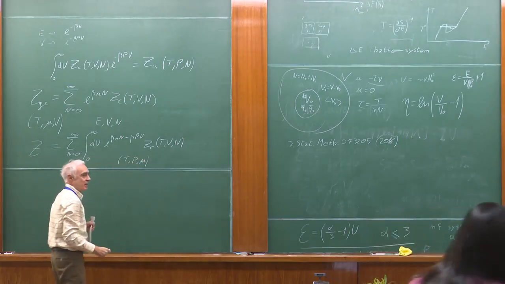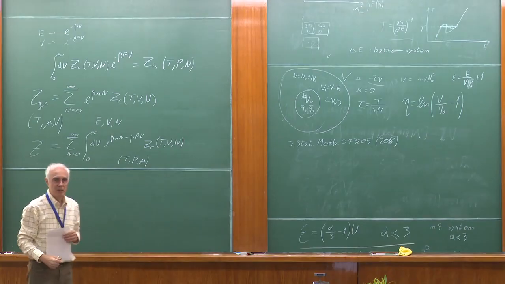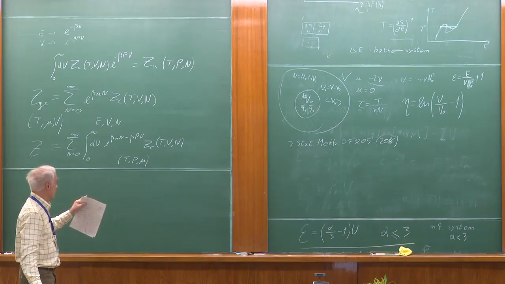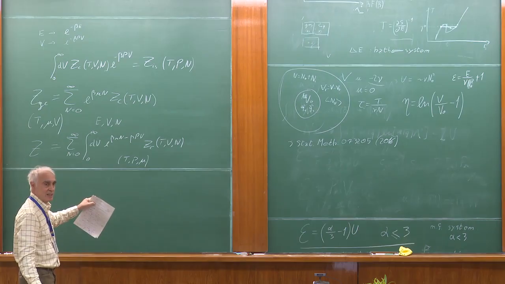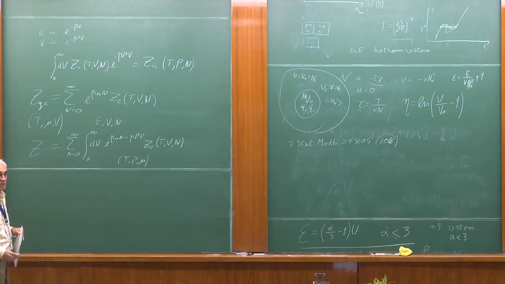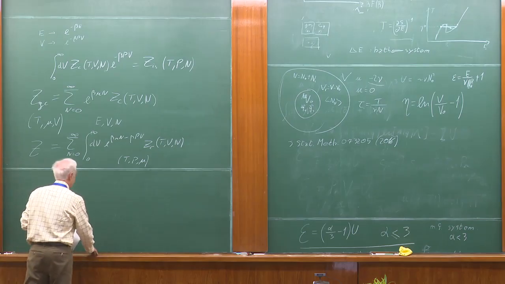But you remember what we said at the beginning, that these three cannot be taken as independent variables in an additive system. So from this, you can already guess that this ensemble will be ill-defined if you have an additive system.